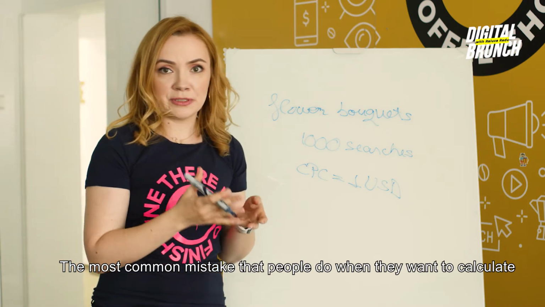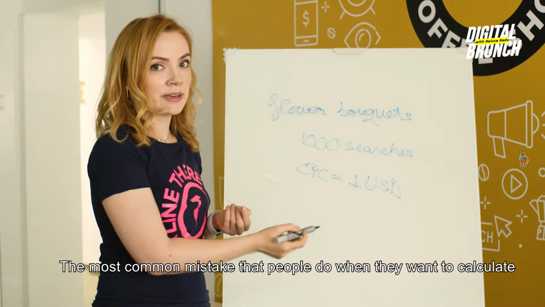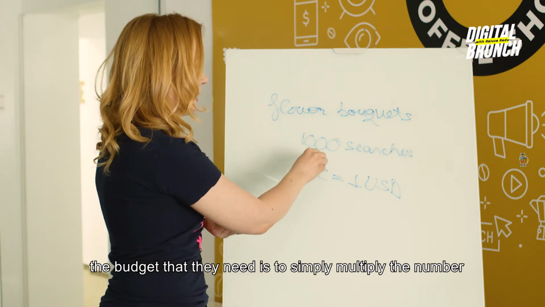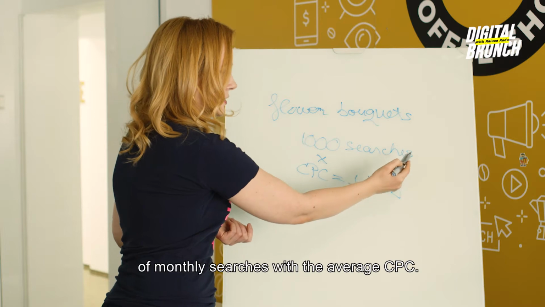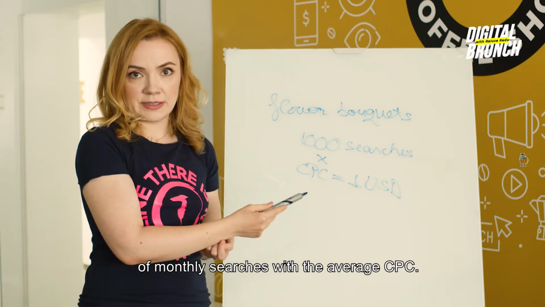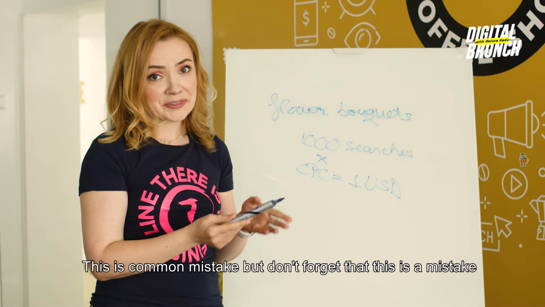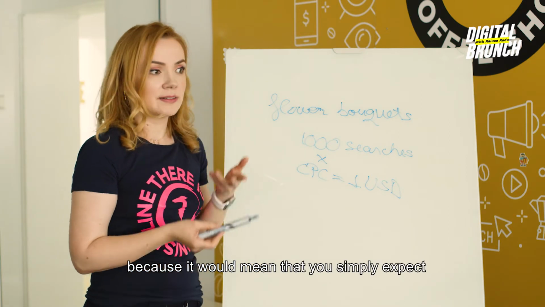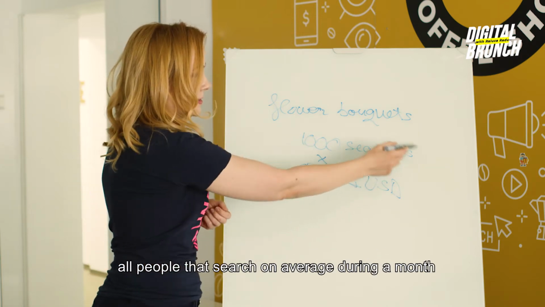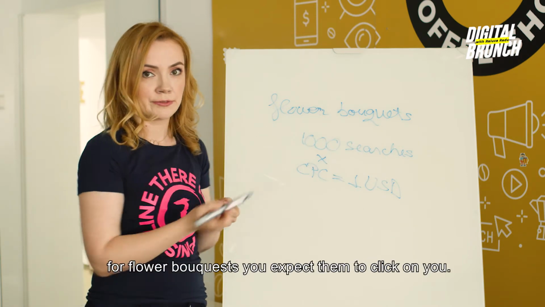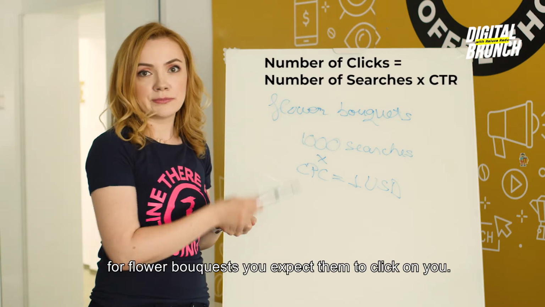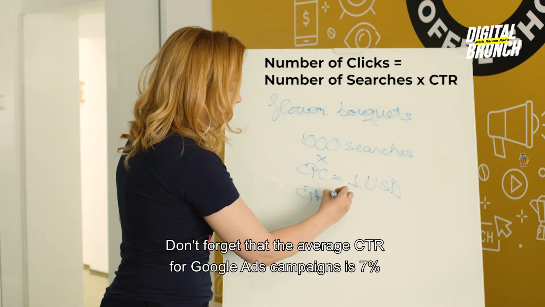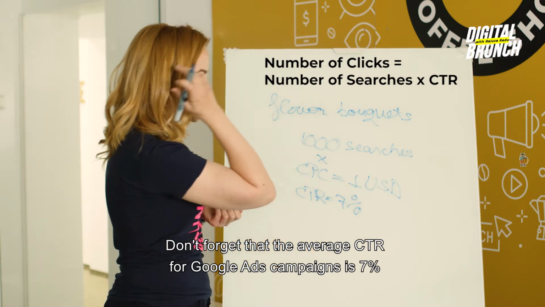The most common mistake that people make when they want to calculate the budget that they need is to simply multiply the number of monthly searches with the average CPC. Don't forget that it's a mistake, because this would mean that you expect all people that search on average during a month for flowers to click on you. Don't forget that the average CTR for Google Ad campaigns is 7%.